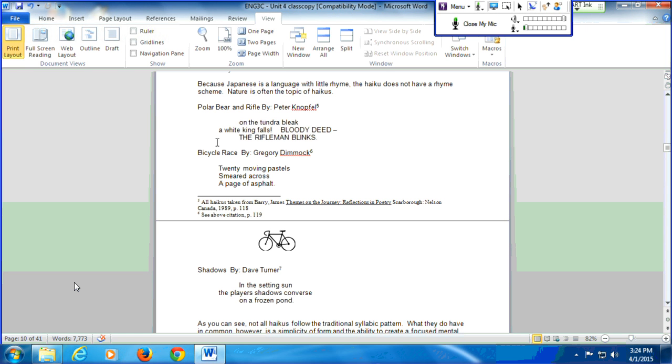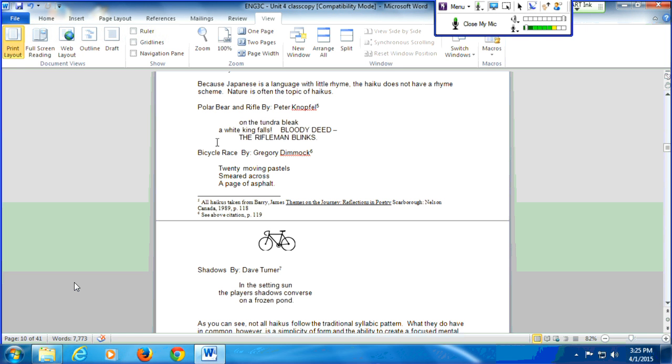Smeared across is only 2 syllables each, so smeared is 2, across is 2. Smeared across is 4 syllables total instead of 7. And then a page of asphalt, so we have 6 syllables in our third line.